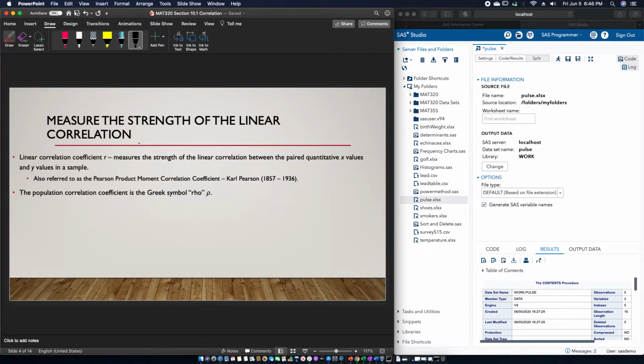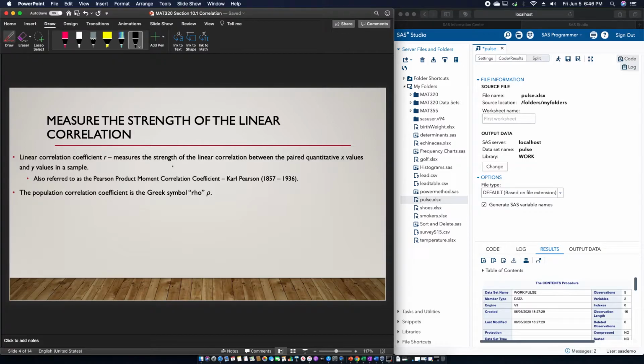We can measure the strength of the linear correlation through the linear correlation coefficient, which we just denote with an R. It measures the strength of the linear correlation between the paired quantitative x values and y values in a sample.